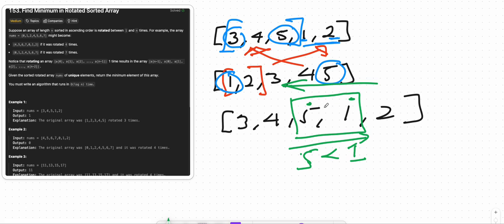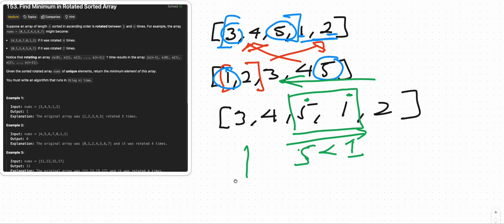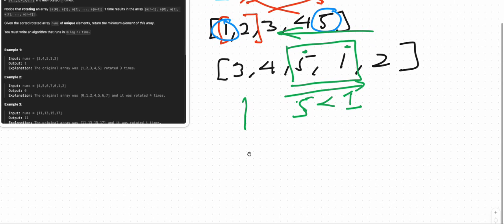Those are the two key points you need to recognize. It will help you solve this problem.